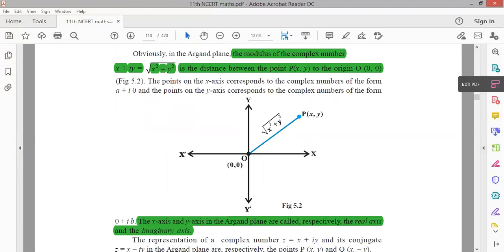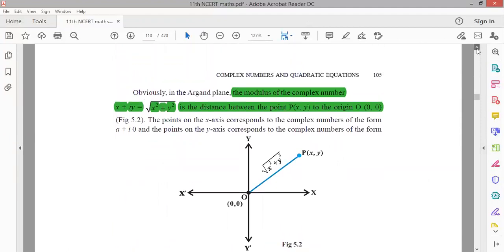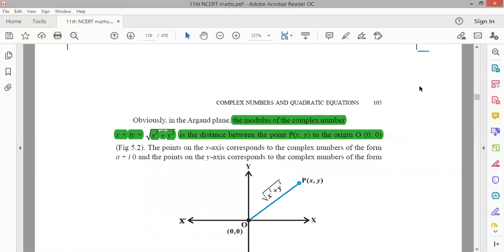In order to represent the complex number, we have the modulus that has already been defined. So how can we define the modulus of a complex number? The modulus of a complex number x plus iy, where x is the real part and y is the imaginary part, is equal to the square root of x squared plus y squared.